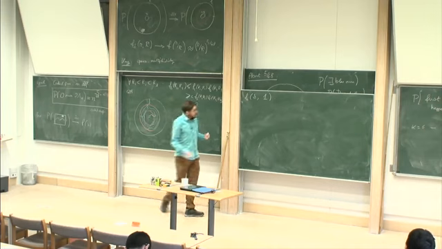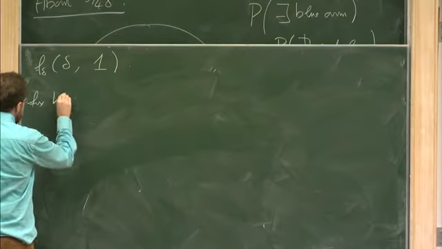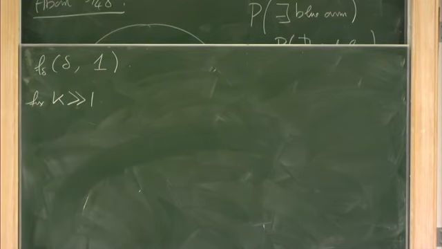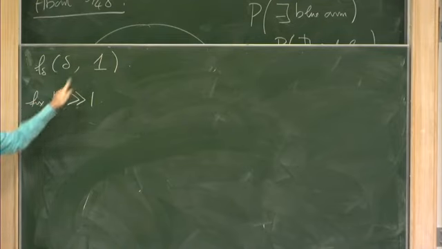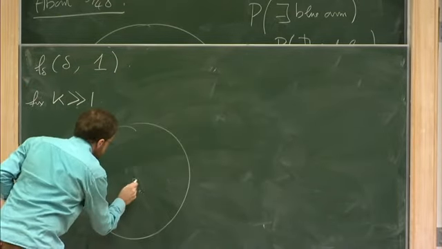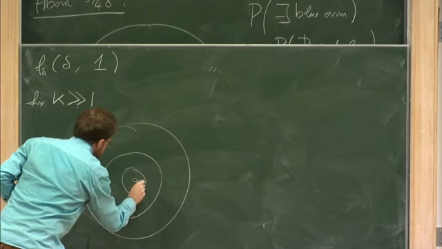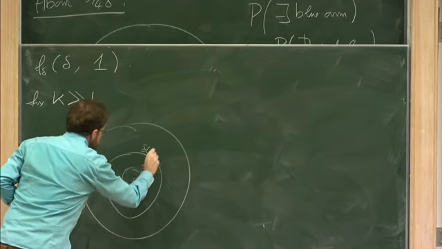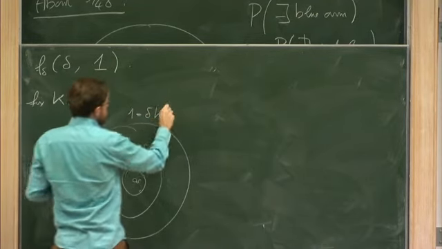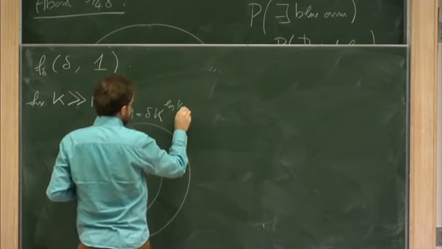And I will fix for the moment k, which is much bigger than 1, but it's fixed. And what I will do is write this event as events between delta and 1, but going through the radii which are delta times k to the something. So the picture is like this. This is delta k, this is delta k squared, and this is 1, which is delta times k to the power log of 1 over delta divided by log k.